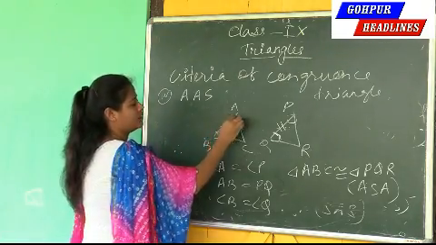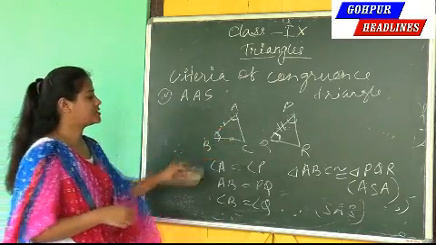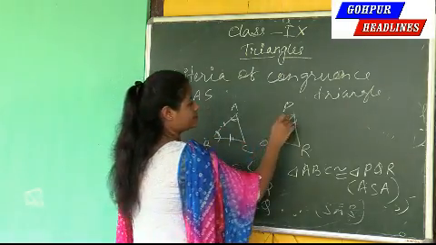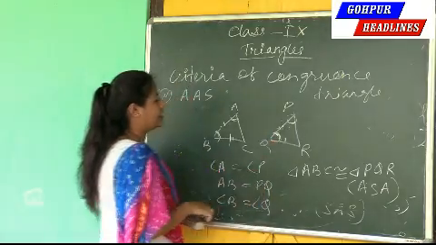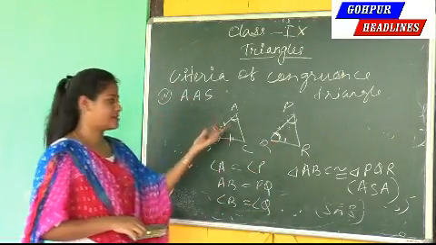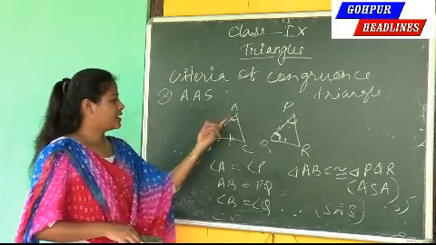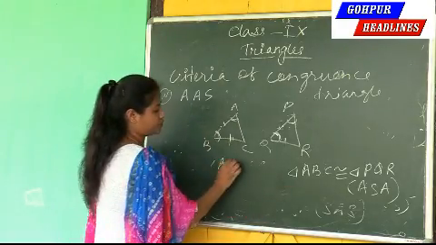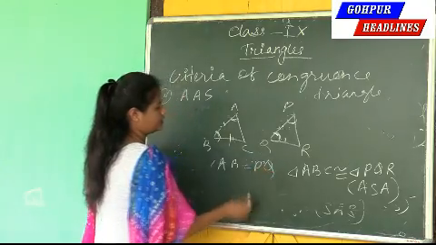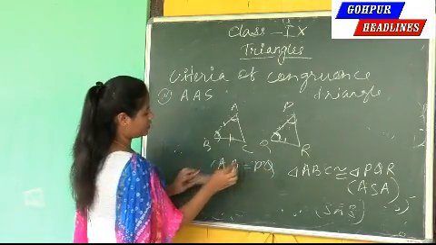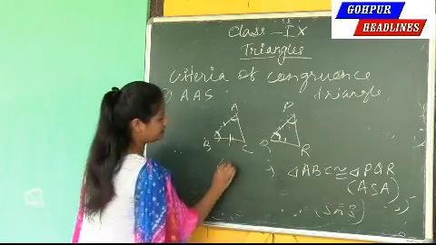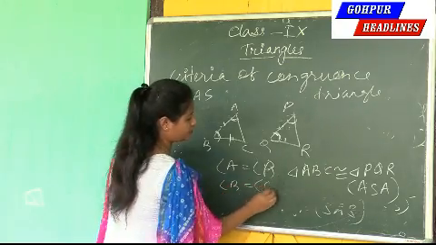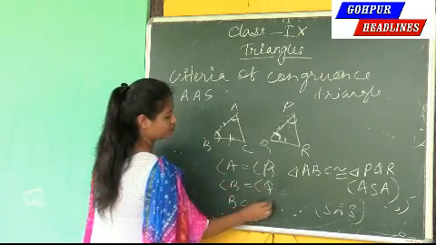Taking two angles and any one side, here the side is not included between the two angles. Write first the angles: angle A equals angle P, angle B equals angle Q, and BC equals QR.